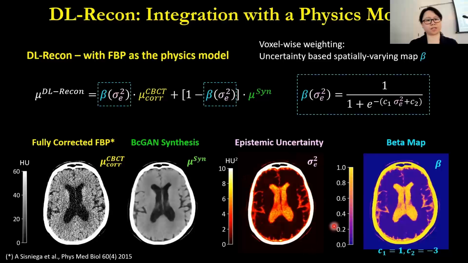We convert the epistemic uncertainty to a beta map, which has values ranging from 0 to 1, using this sigmoid function here. And when the uncertainty is high, we draw more contribution from the physics-based fully corrected FDK image. And when the uncertainty is low, we trust our synthesis image and we draw from it.